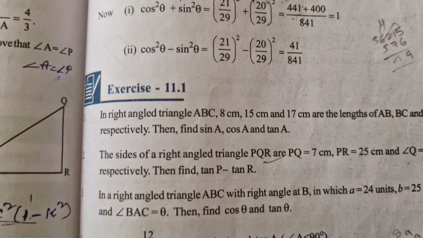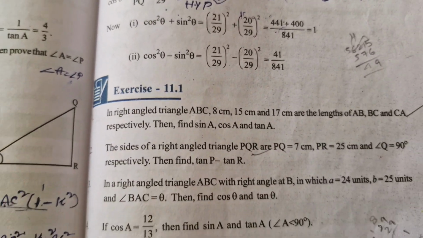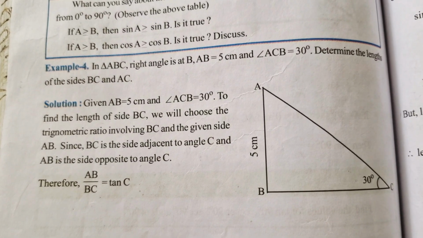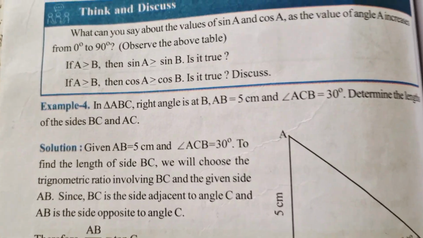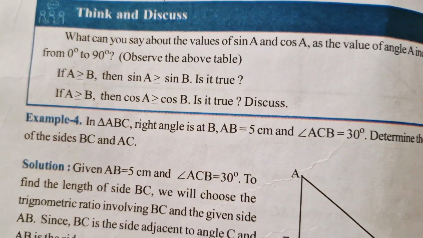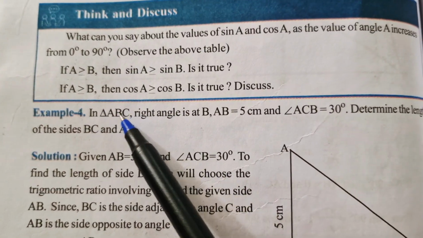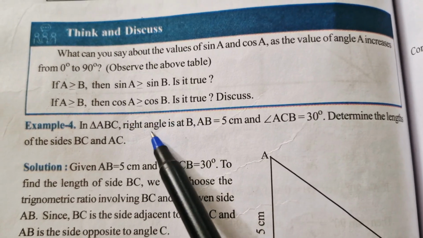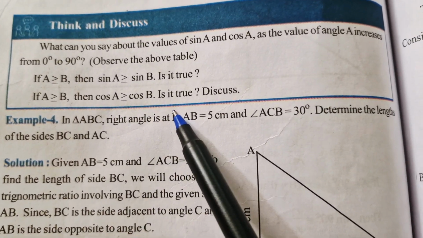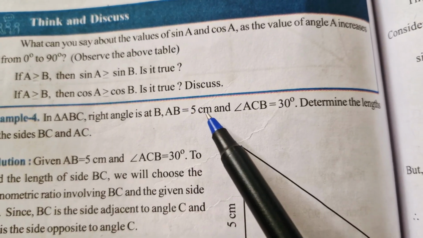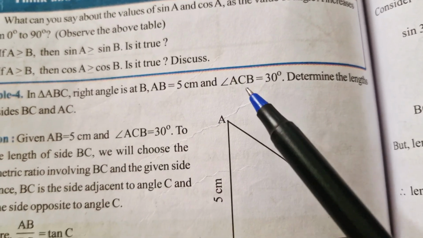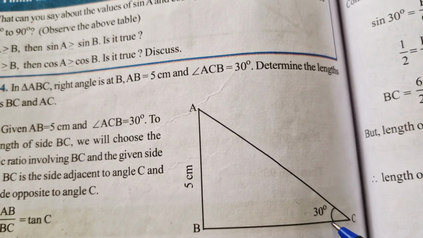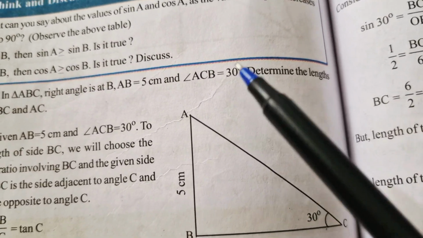Let us move on to the next example, which is example 4. Let us read it out. In triangle ABC, the right angle, which is 90 degrees, is at B. AB is equal to 5 centimeters, and angle ACB is 30 degrees.